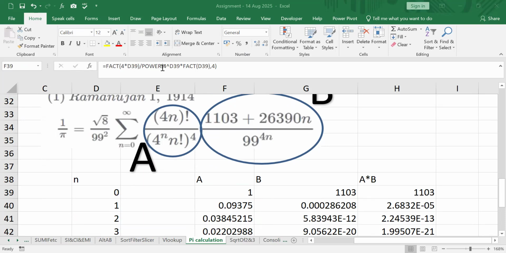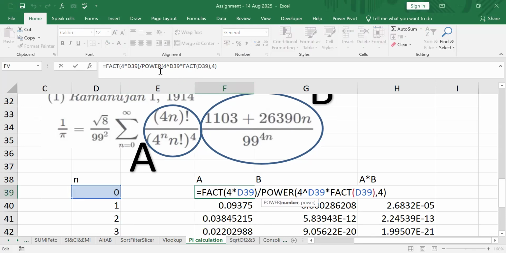So I am putting power of what? 4 power n. I can either use this symbol, or I can put power. Outside, I put power symbol. And inside I get 4 to the power of D39. D39 is nothing but 0 into factorial of D39. So that completes A.